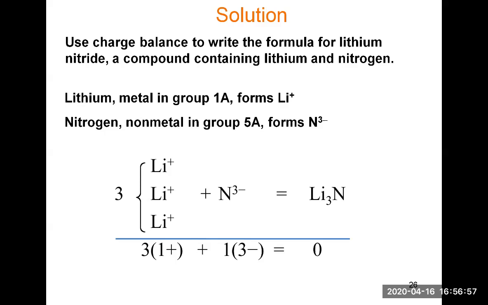And you have 1 nitride ion with 3 negative charges, so that means it's 3 negative charges in total. So 3 positive charges are cancelled by the 3 negative charges, and the formula is neutral. And that's how we know the correct formula for lithium nitride is Li3N.